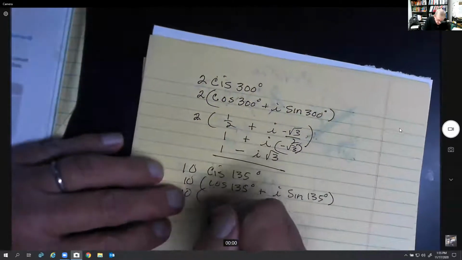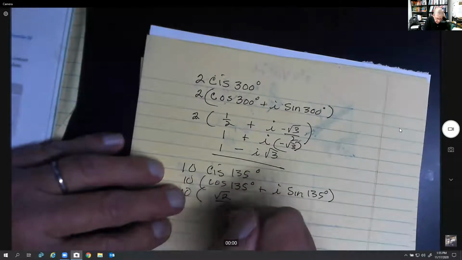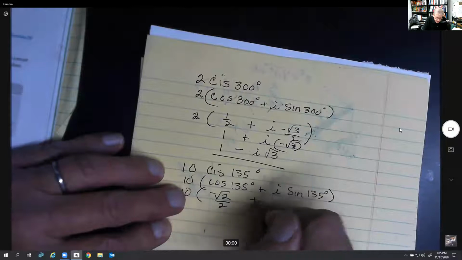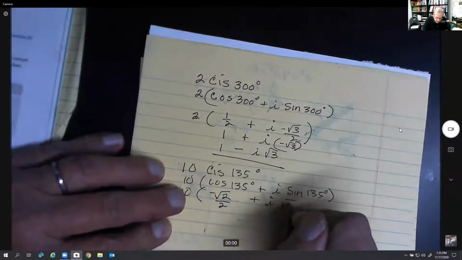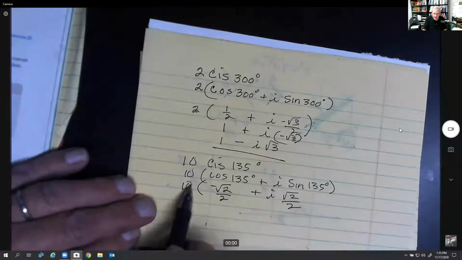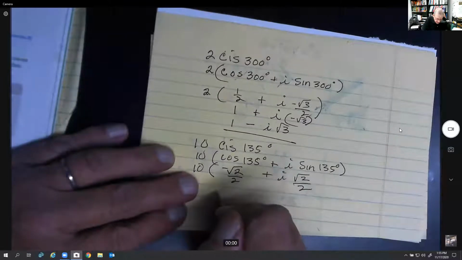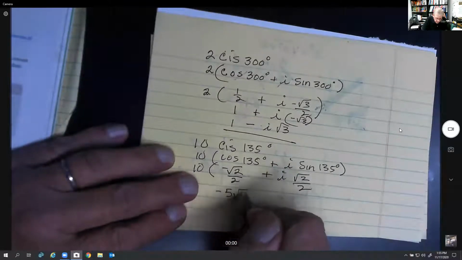So this is going to be negative radical 2 over 2, and the sine is going to be i radical 2 over 2. We're multiplying this by 10. 2 goes into 10 5 times, so this will be negative 5 radical 2.